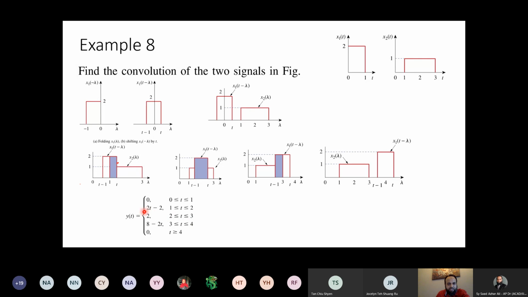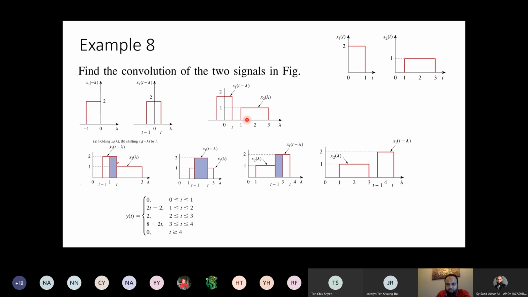Looking at these functions, we can see that we not only have to multiply but add as well. So if this is starting to overlap, the multiplication is 1 into 2. But as you move forward, we'll have more values overlapping.